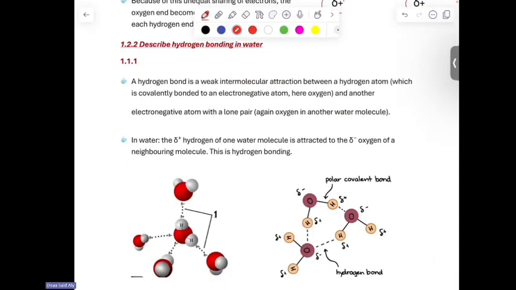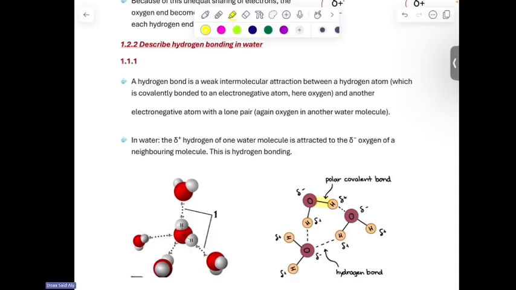Girls, pay attention. In the hydrogen bond between two water molecules, this one is not the hydrogen bond. This one is a covalent bond, because the covalent bond is within the water molecule.